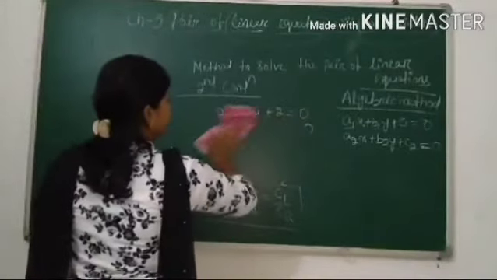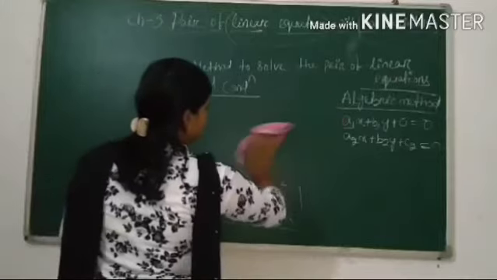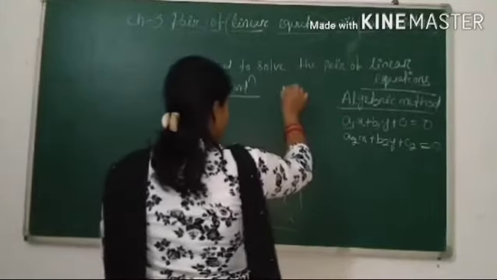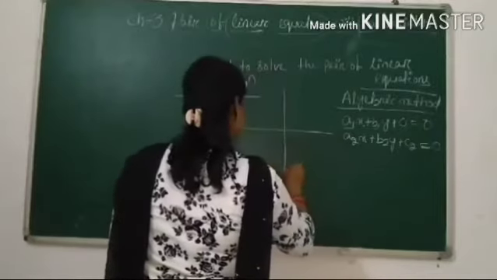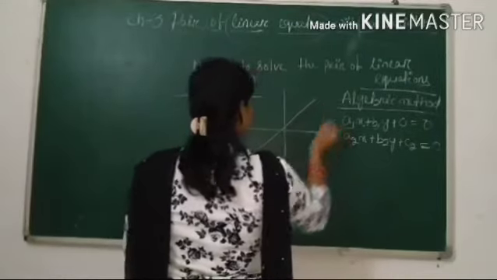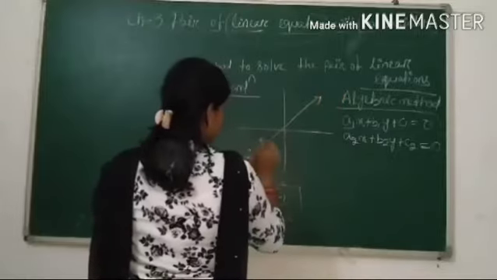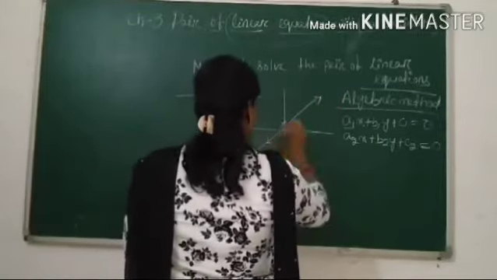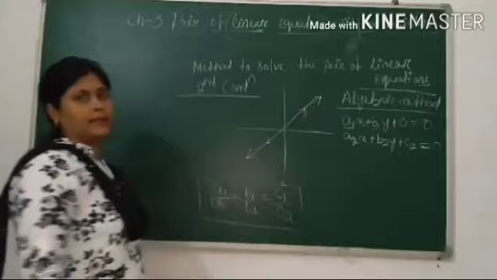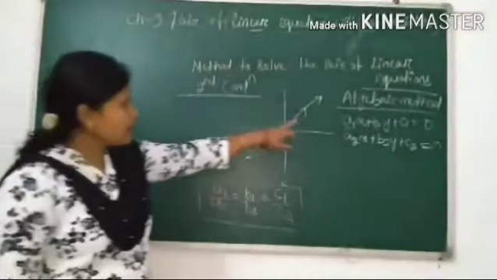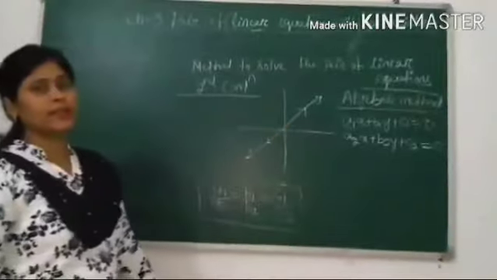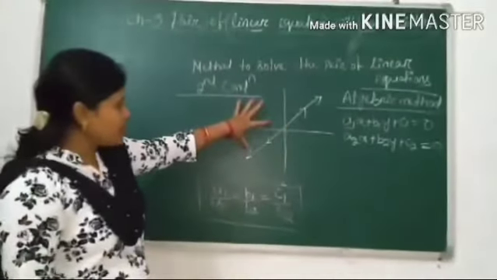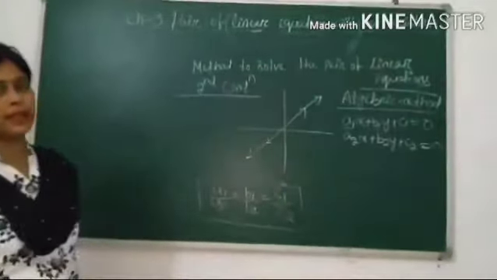If again I draw a graph between them, I am getting only one line. Here only one line is there. That means they are coincident with each other. One line is overlapping the other.